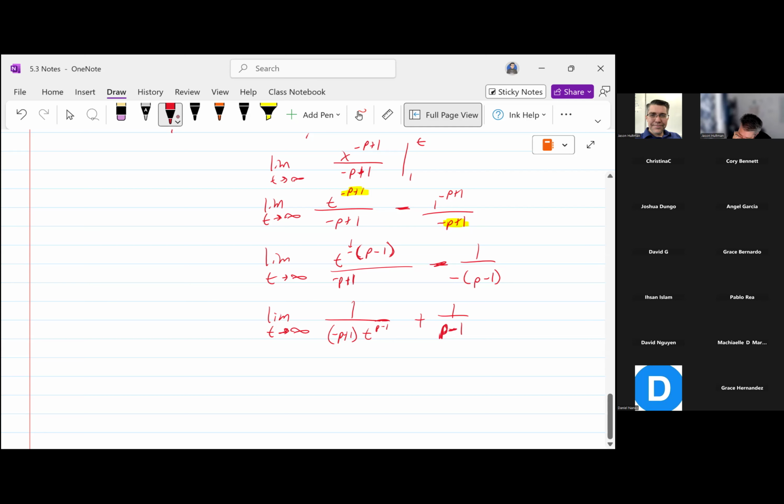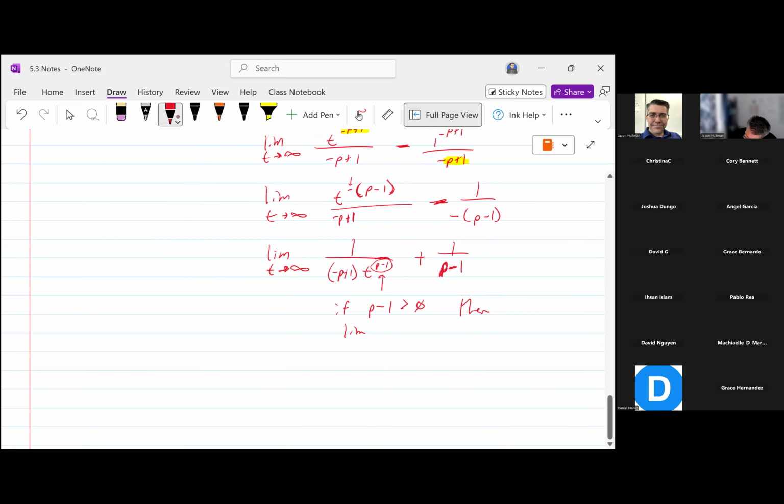Now, if this p minus 1 here is positive, then the limit as t goes to infinity, if that's a positive exponent, then I know that t is in the denominator.